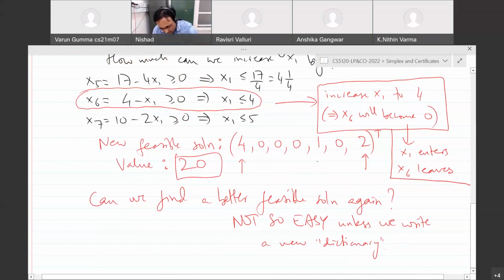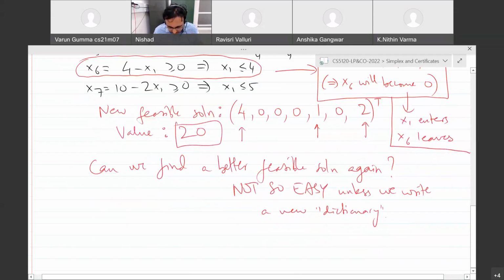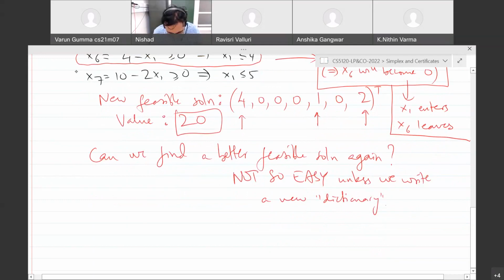That is not a coincidence. That all happened by design, right? So we're going to write down a second dictionary. And the new basis is going to be 1, 5, 7.